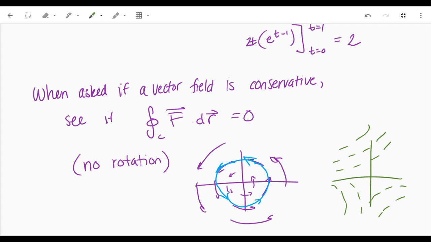Yeah, it's very rough. Okay, but if you can draw in like a closed curve here, and you see where you're going, like arrows kind of balance each other out.